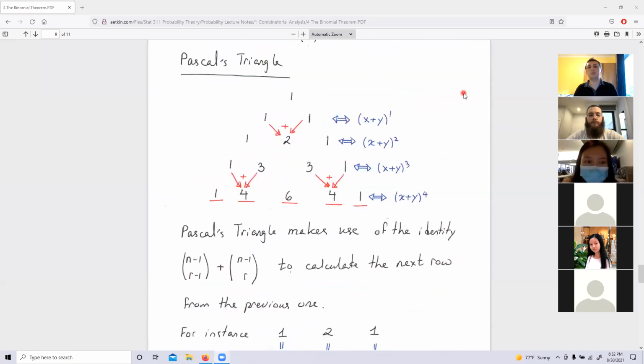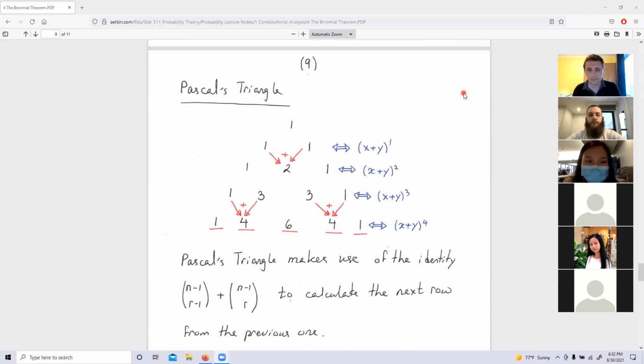Now let's talk about Pascal's triangle. You might know this tool as a very useful way of expanding x plus y to the power of n, to expand the binomial formula and actually find the numbers. So for instance, what you do is you write 1, and then you write 1 and 1, and then the next row is going to be 1 unit wider.